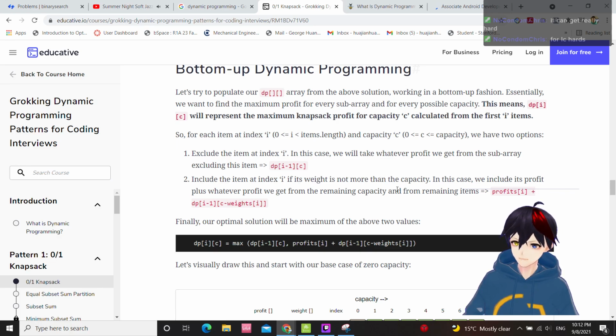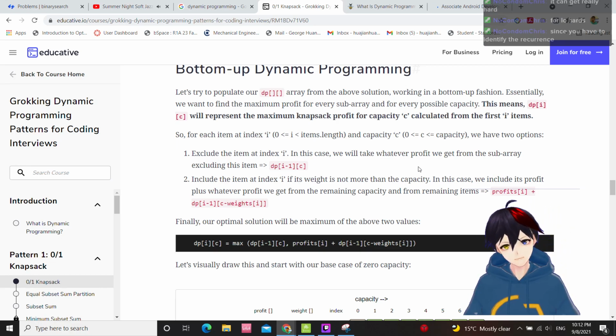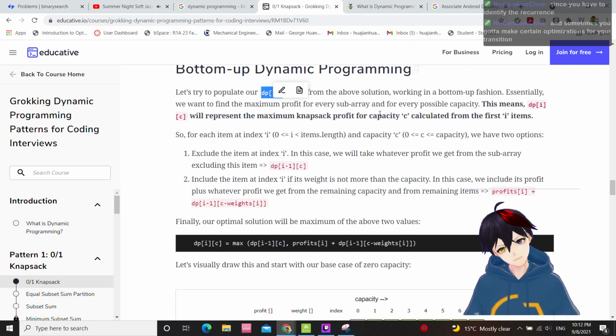It's not more capacity. Let's understand this one. We want to populate the DP array first and then obtain a solution from it, instead of calling for the solution and then looking up.